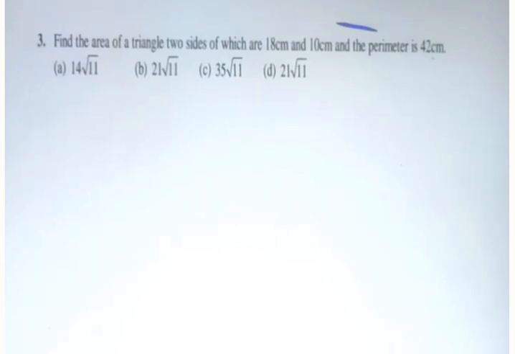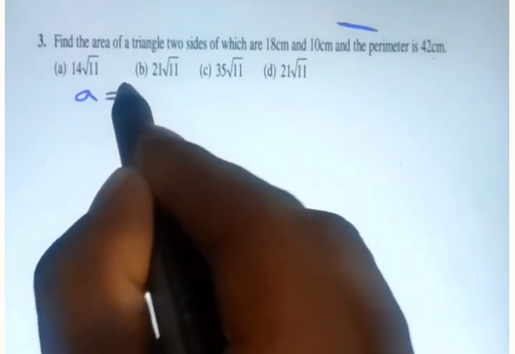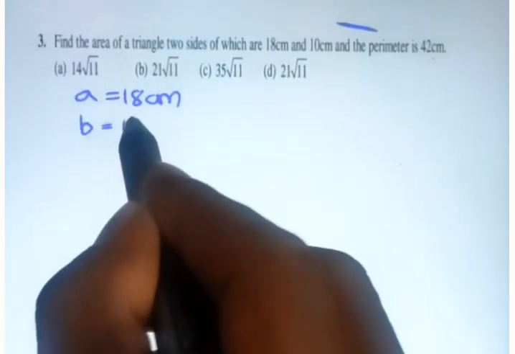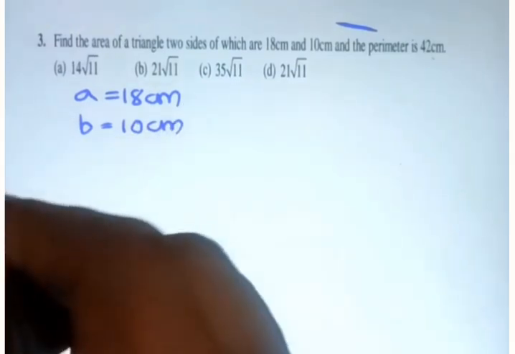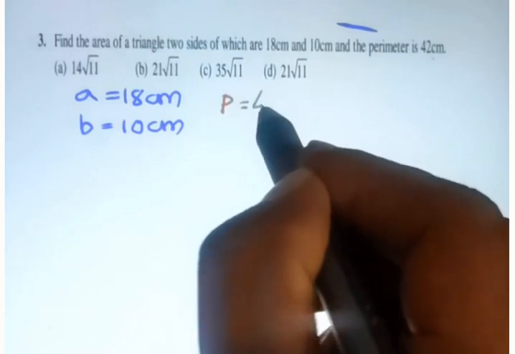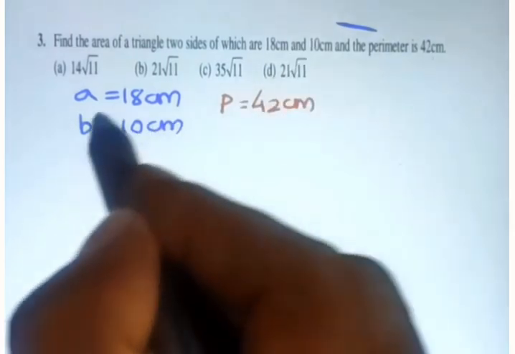The question number 3, it is given, find the area of a triangle, two sides of which are 18 cm, 10 cm and the perimeter is 42 cm. This is exactly like the question number 2. Here the two sides are given, A equal to 18, B equal to 10 cm, and along with all this, perimeter is given 42 cm.